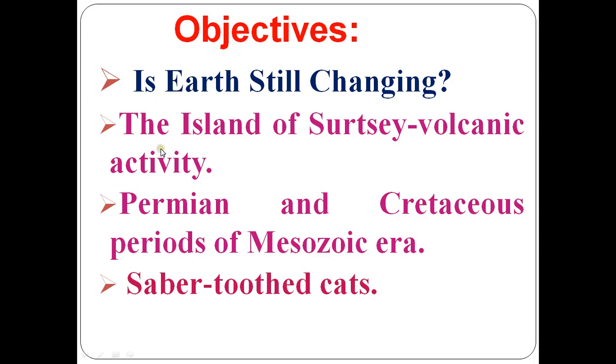We are also going to see the island of Surtsey, which was created because of volcanic activity, and about the Permian and the Cretaceous periods of the Mesozoic era, and lastly the saber-toothed cats. So let's start the discussion with the earth, that is, is earth still changing?